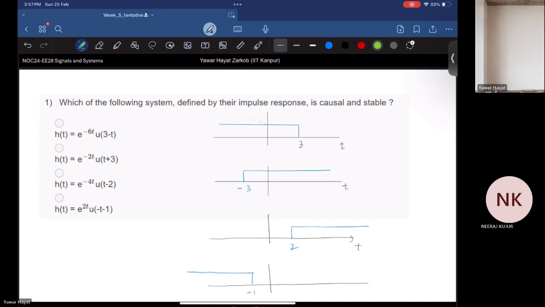I'll not draw this to scale, but the trend should be this. Do you agree?